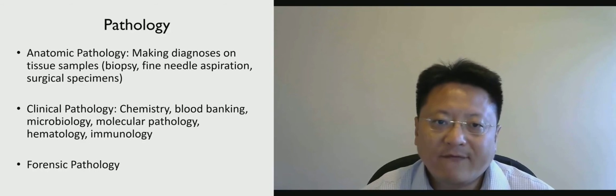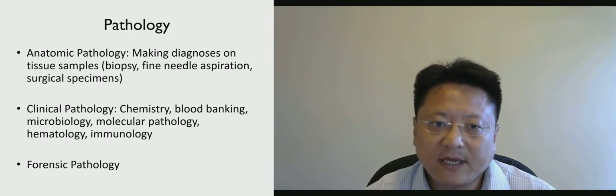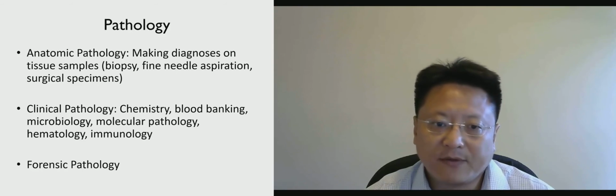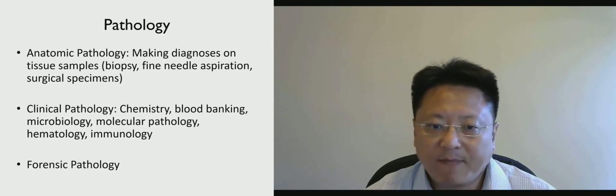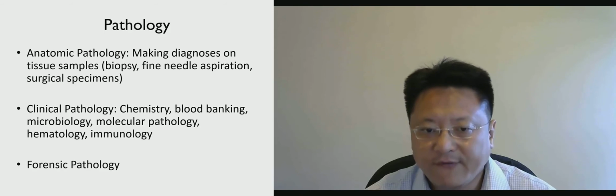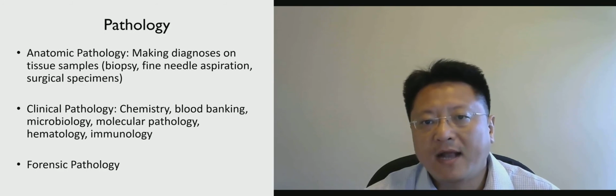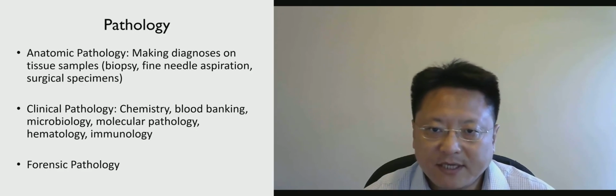Pathology has a wide spectrum of disciplines, including anatomic pathology, clinical pathology, and forensic pathology. You're probably most familiar with forensic pathology from TV shows, but that's only a portion of pathology. I'm an anatomic pathologist.